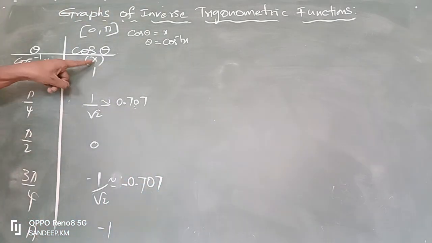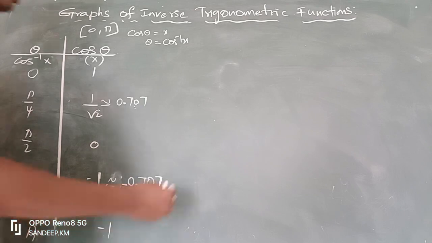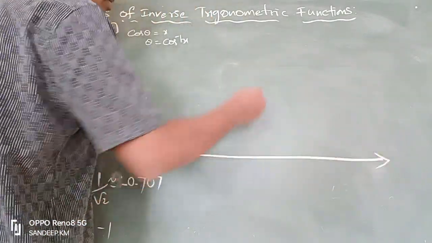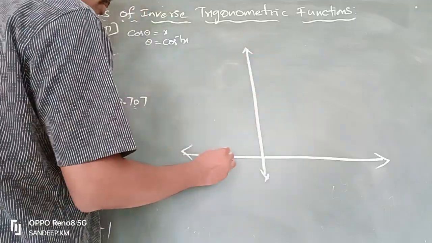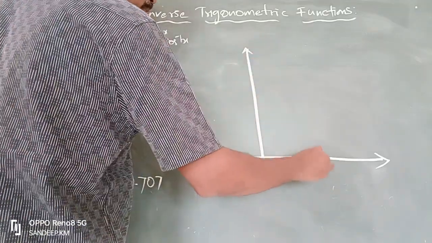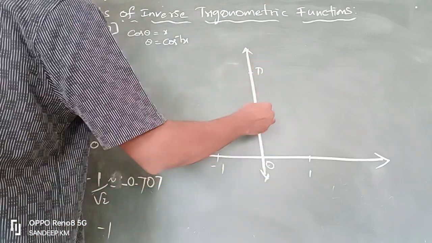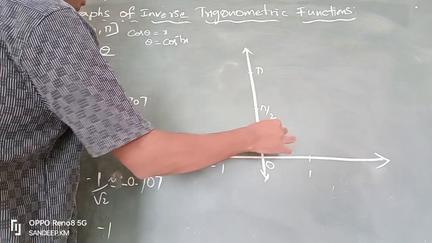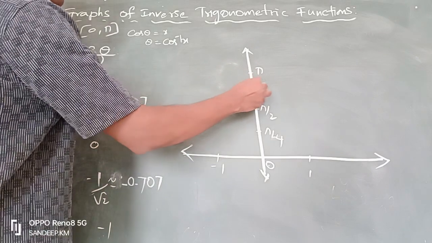The input changes from -1 to +1 and the output changes from 0 to pi. So exactly in between we have pi by 2, and between 0 and pi by 2 we have pi by 4, and between pi by 2 and pi we have 3 pi by 4.